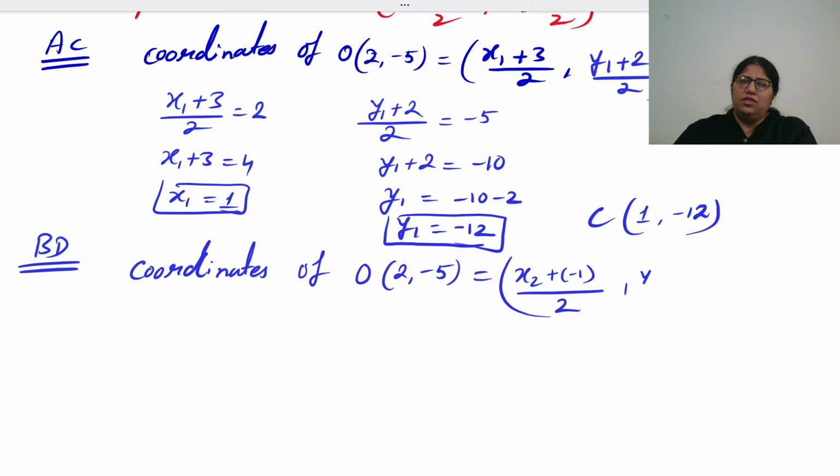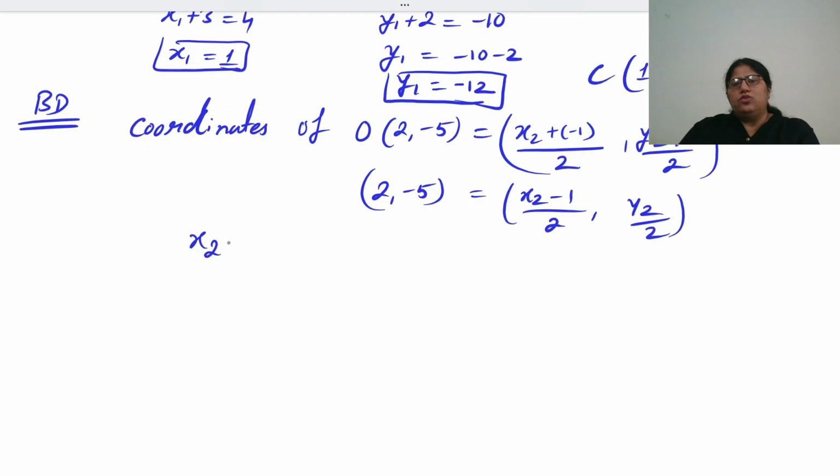Again you do the comparison: 2 comma minus 5 equals x2 minus 1 by 2 comma y2 by 2. Comparing x with x, x2 minus 1 by 2 equals 2, so x2 minus 1 equals 4, and x2 is going to be 5.